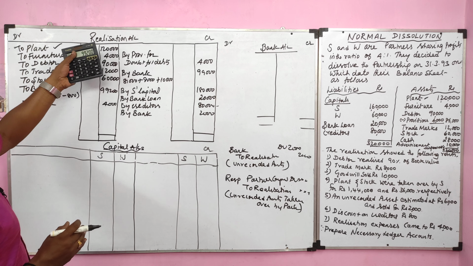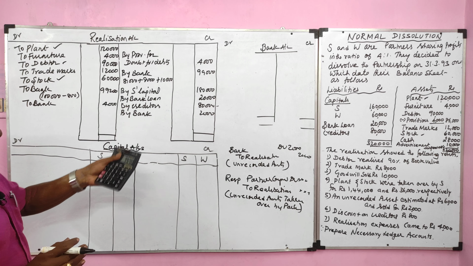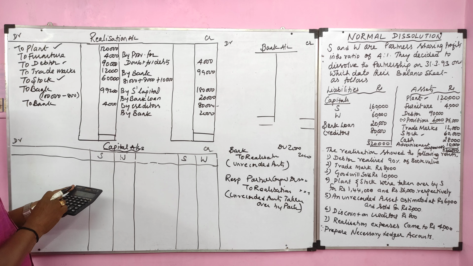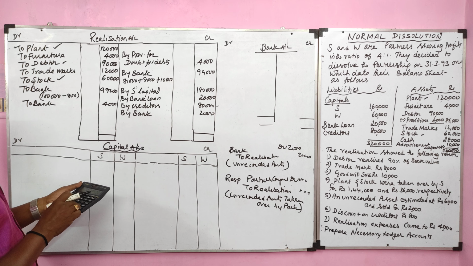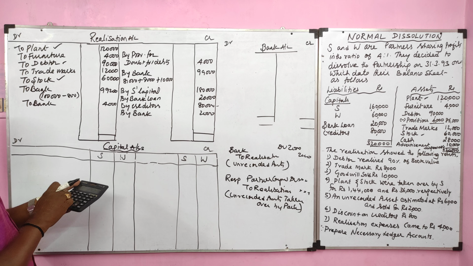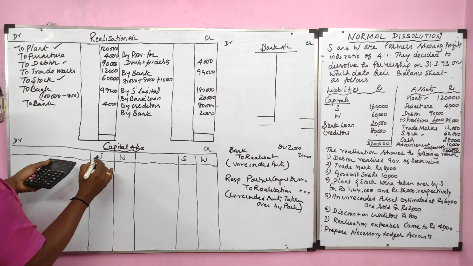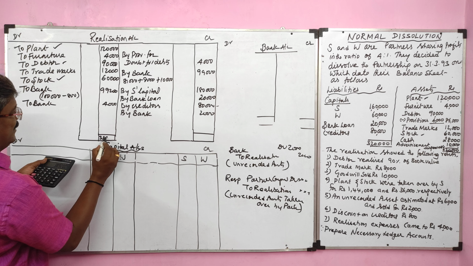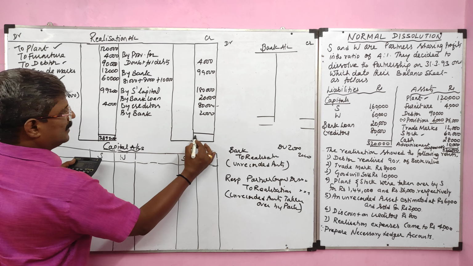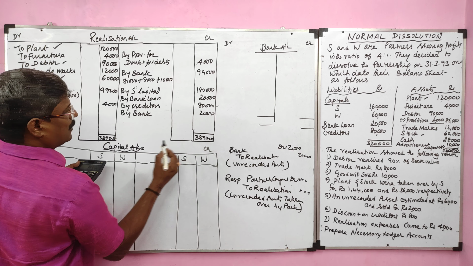In this problem, the debit side of realization is heavier than the credit side. First we'll total the debit side. 1,20,000 plus 4,000 plus 90,000 plus 12,000 plus 60,000 plus 99,200 plus 4,000. So the total debit side is 3,89,200.